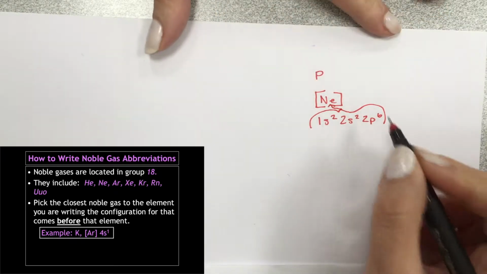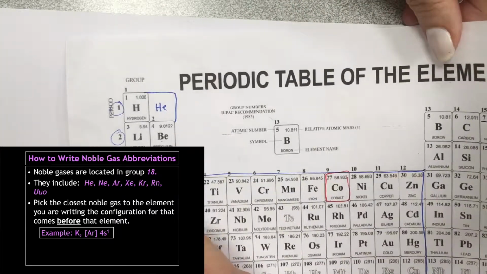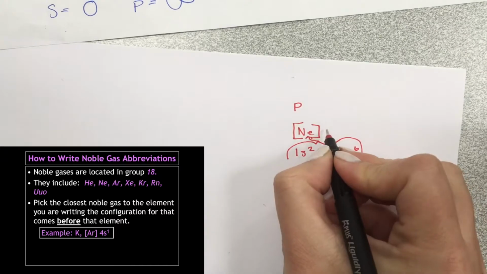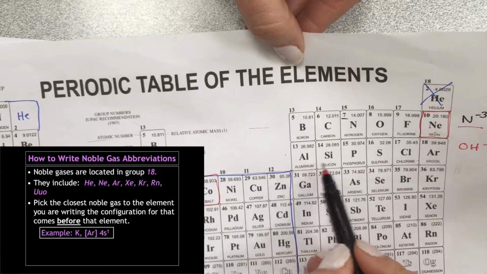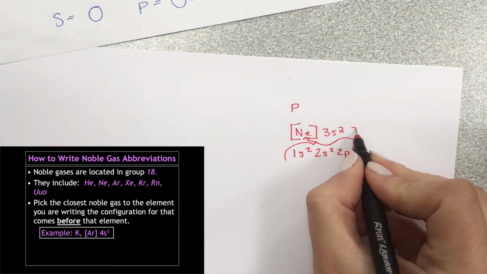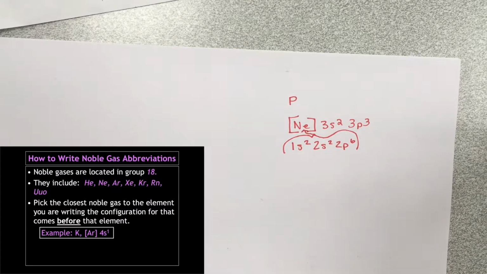That's it, okay? And so you have neon, and then you just take it from neon. So neon, you still do have to do the 3s2. So neon 3s2, and then 3p3. Okay, so that's it.